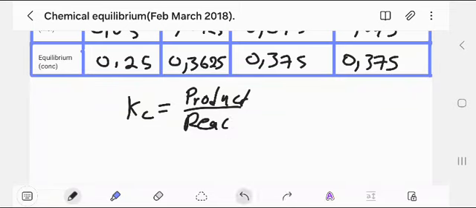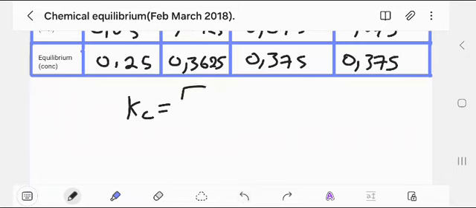So we'll have the product of what? Of the concentrations of the products. We'll use the brackets. The square bracket shows that it's a concentration, right? So what do we have in the products? We have here 0.375.